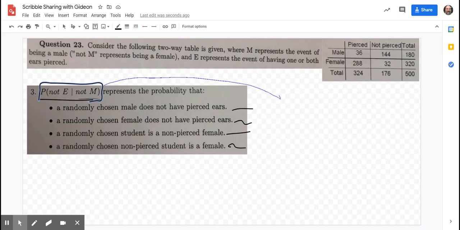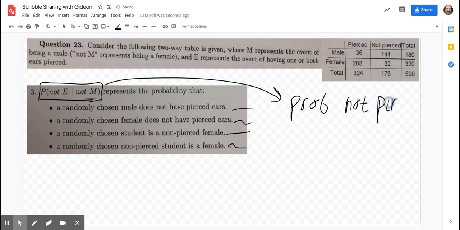What you really want to be thinking about is the fact you can say this any way you want. What's the chance of something given something, or given randomly selected something, what's the chance of whatever? So I'm not even looking at the multiple choice options. What I want to know is, this is asking me what's the probability of not pierced? That's the first thing. That's the question.